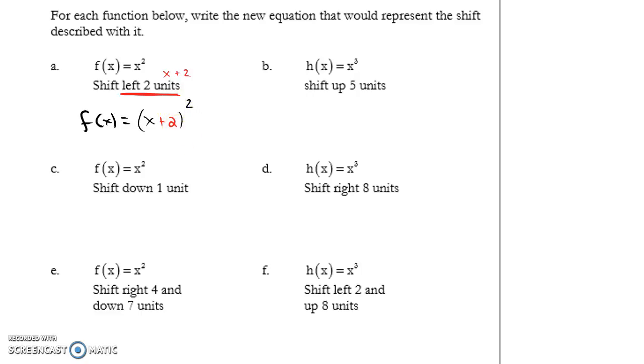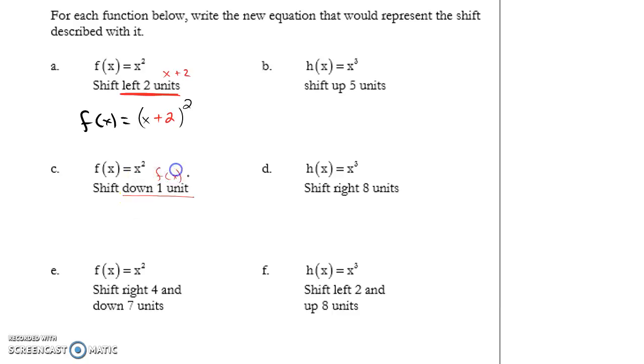Okay, let me do that really quick again. My original function is x squared, but I have to add just to the x. So I replace this with a plus 2 to the x, and the exponent stays around the parentheses. Different than part C, where I am shifting this graph down 1 unit.